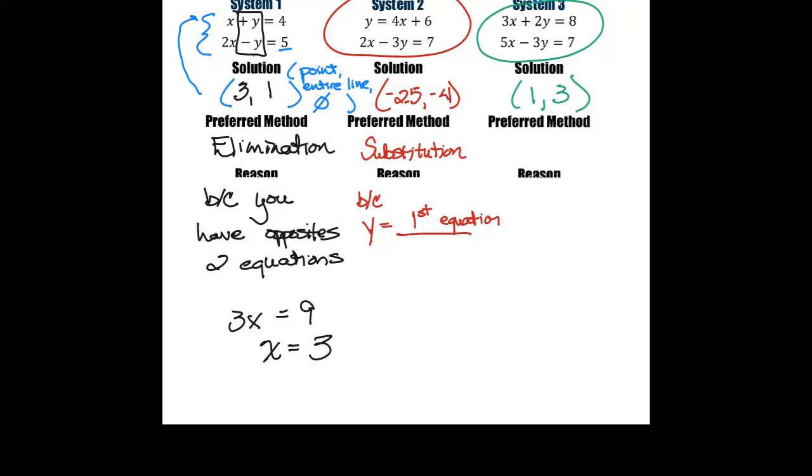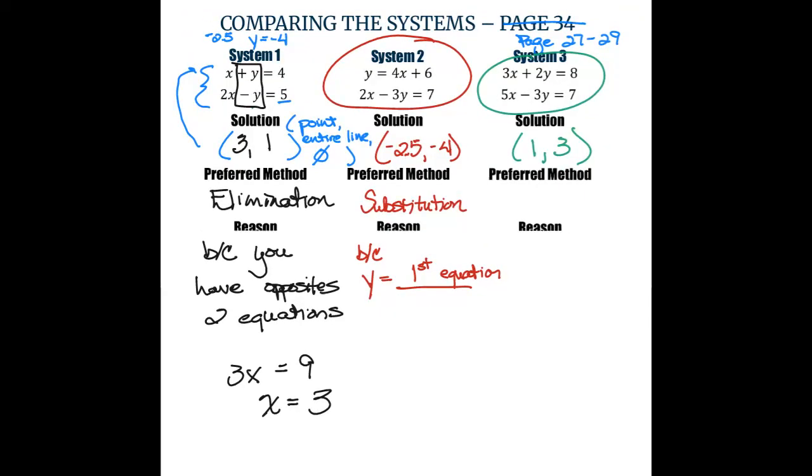That's kind of weird. All right, so let's take a look at the last set, system 3. We have 3x plus 2y equals 8, 5x minus 3y equals 7. I don't see that substitution would be the best. No opposites, not graphing.